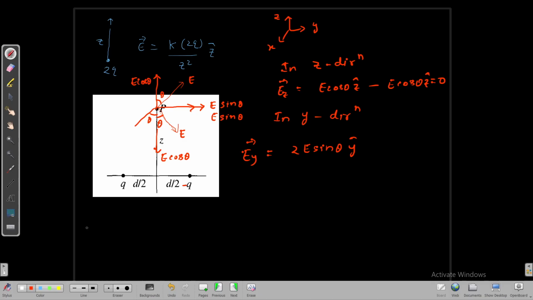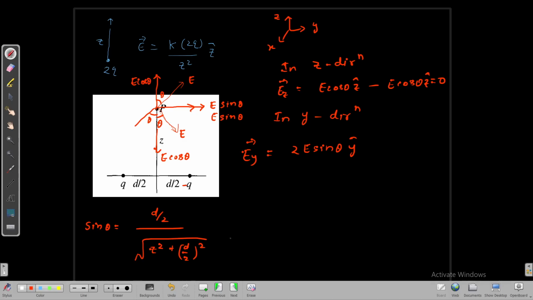What is sin theta? Sin theta is perpendicular upon hypotenuse. So it will be d by 2 over the square root of z square plus d by 2 to the whole square.